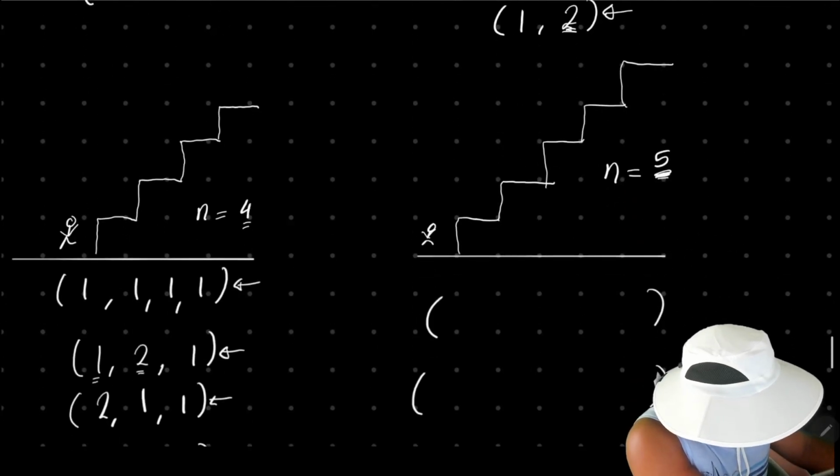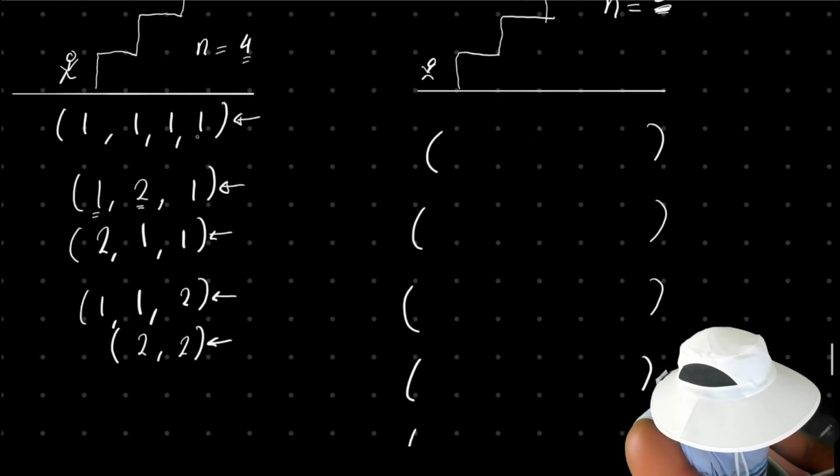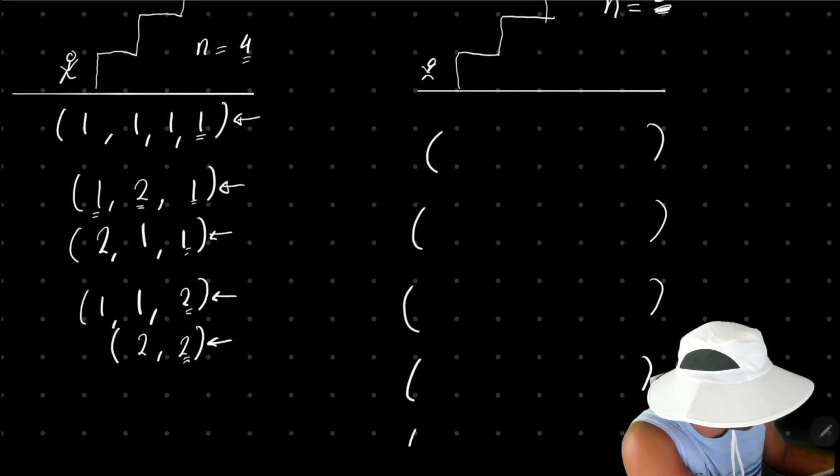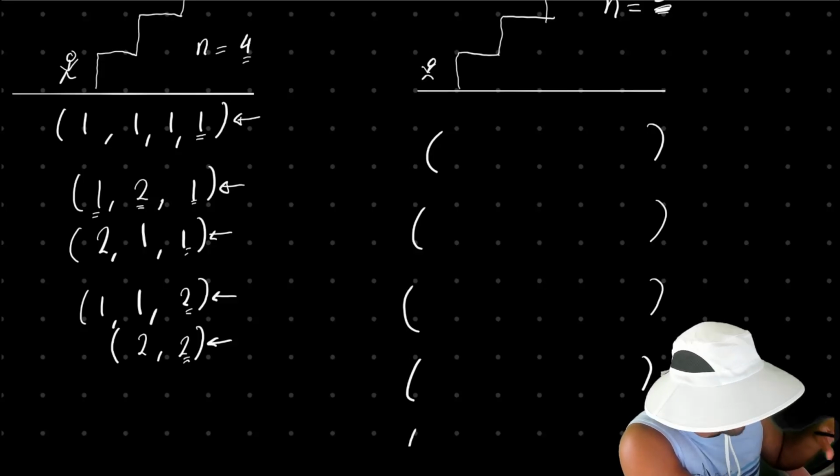Some of them will end with 1, some of them will end with 2. It depends on the size of the last step the little guy took.